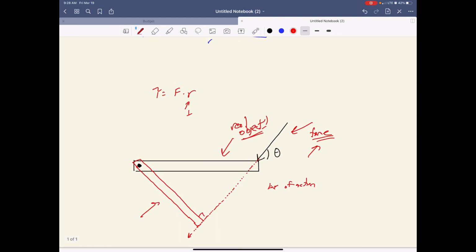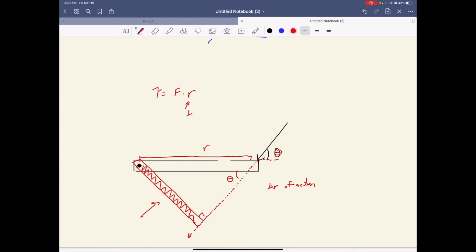Anyways, real quickly though, I do want to show you what you get when you calculate it this way. Okay, so a little bit of geometry here. If this is theta right here, it turns out that this angle right here is also theta. And so if you want this length right here, remember that this whole side of the triangle would be the full R, or the length of the lever arm, if you will.